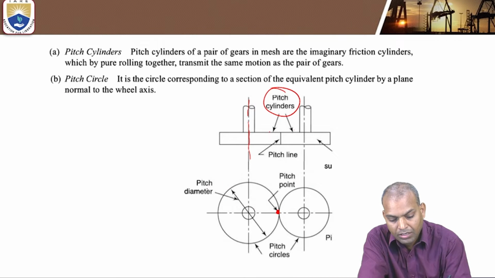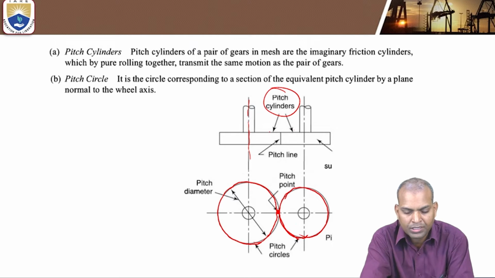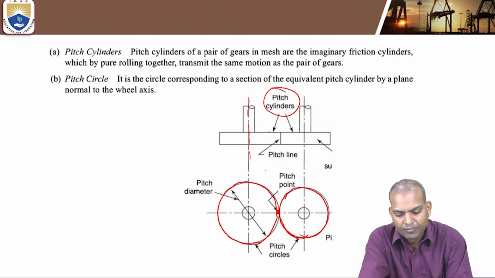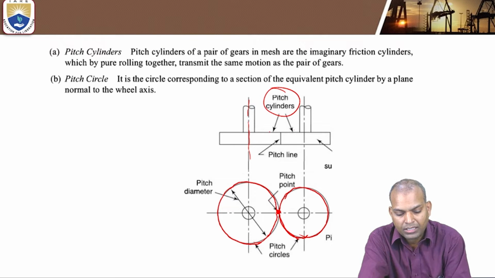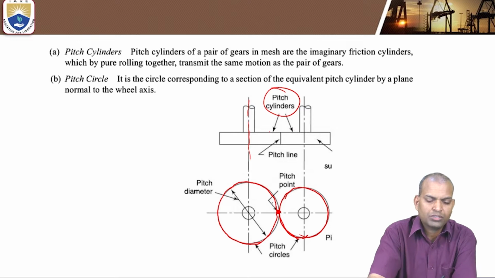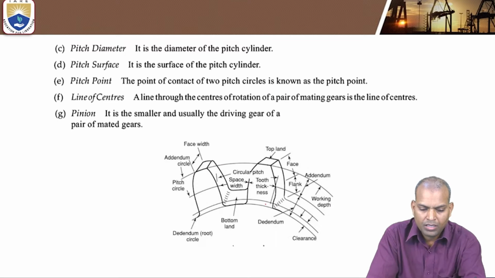This is the pitch circle of the gear or larger wheel, and another is the pitch circle of the pinion, also called the small wheel. The contact between these two is known as the pitch point.